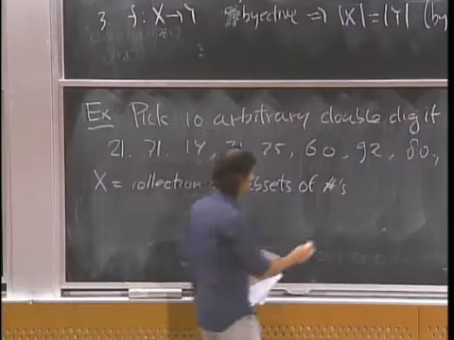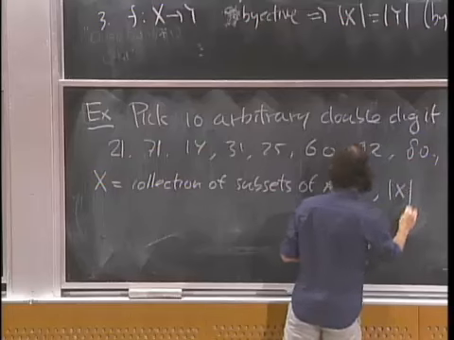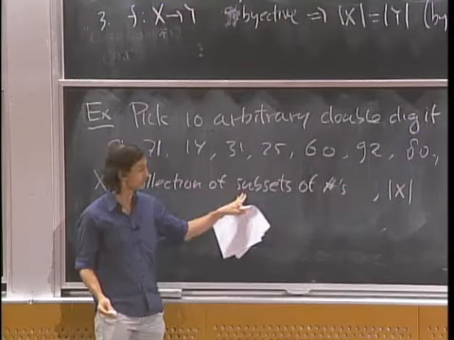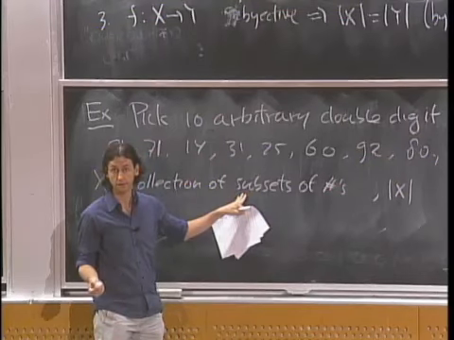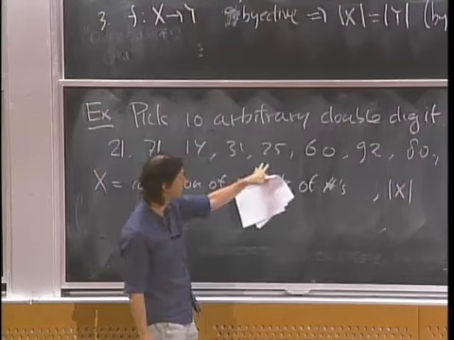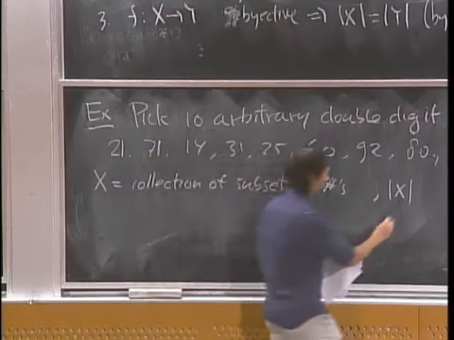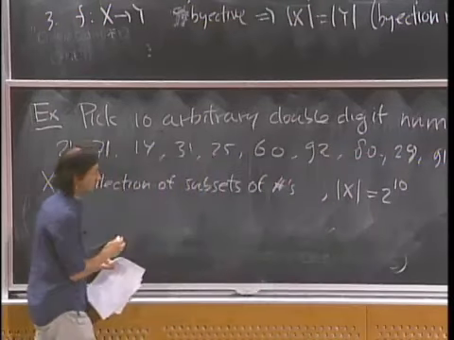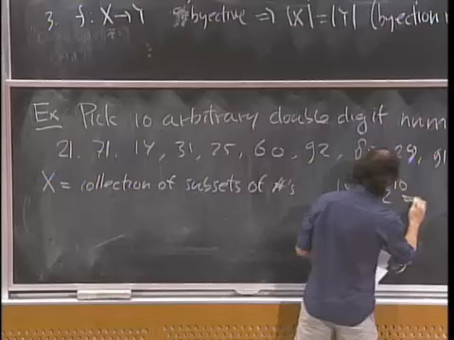So let's first count how many we have here. We already did this. We made a mapping from subsets to binary sequences, bit sequences. And in this case, we have 10 numbers. So we have 2 to the power 10 possible subsets. So this is equal to 1024.